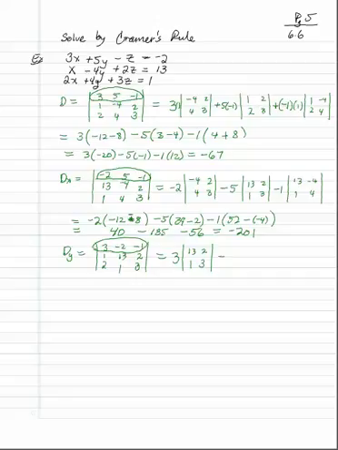Minus a minus 2, so it's negative 2 times the negative 1, times the minor, 1, 2, 2, 3, and then minus 1 times the minor, 1, 2, 13, 1.